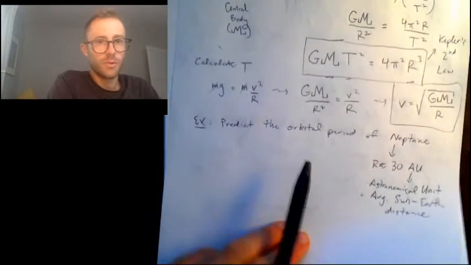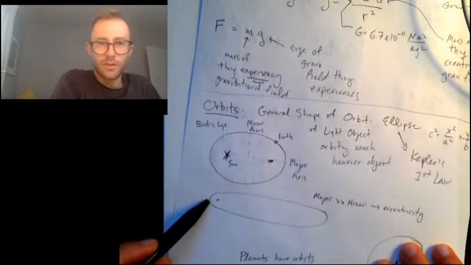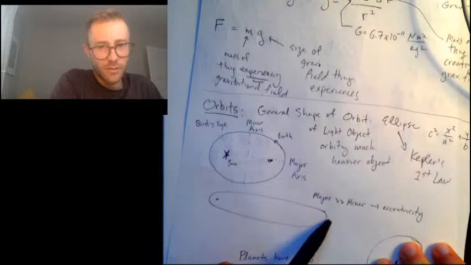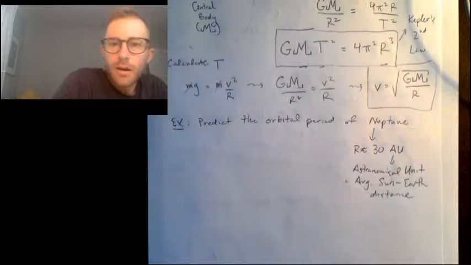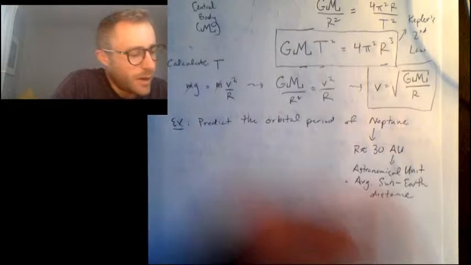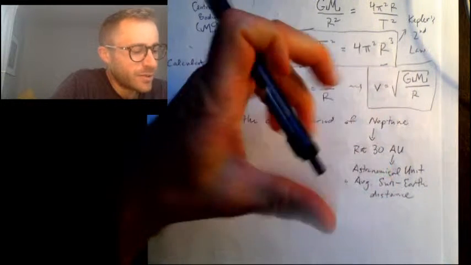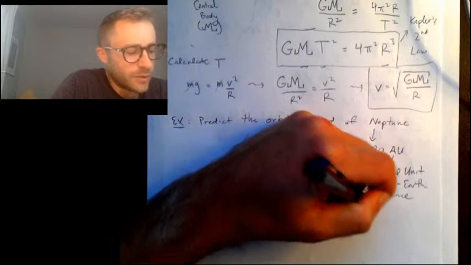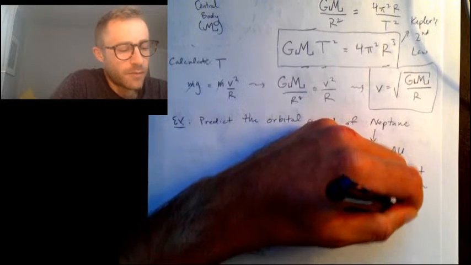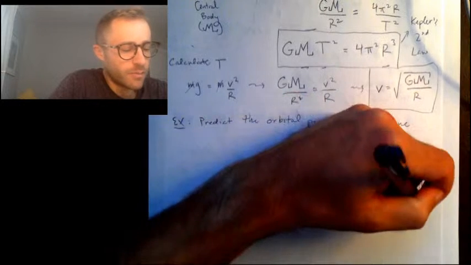If you are right here, you're close to the central body. If you're right here, you're far away from the central body. So it's the average distance. And that distance, 1 AU, is equal to about 1.5 times 10 to the 11th meters.